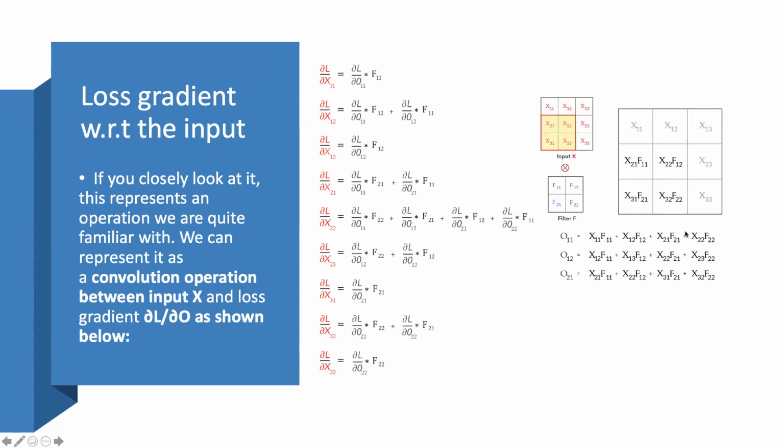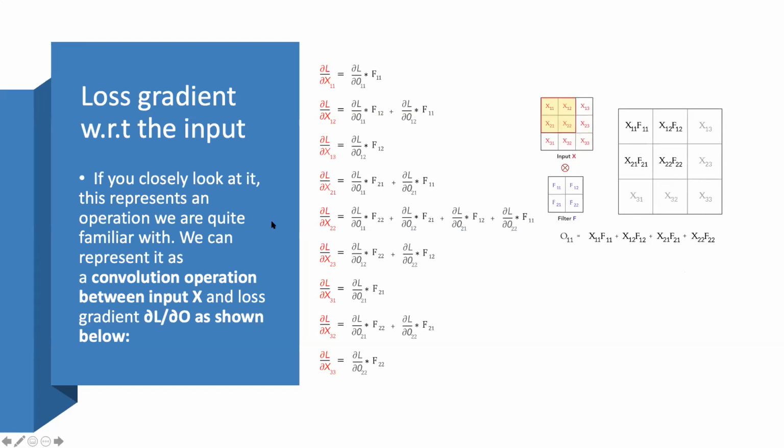And you guys can see the forward pass to know what all outputs it had affected. And so when we do the backward propagation, we can take gradients of those outputs and multiply it with the value of the filter, right, which had been passed over that particular input.